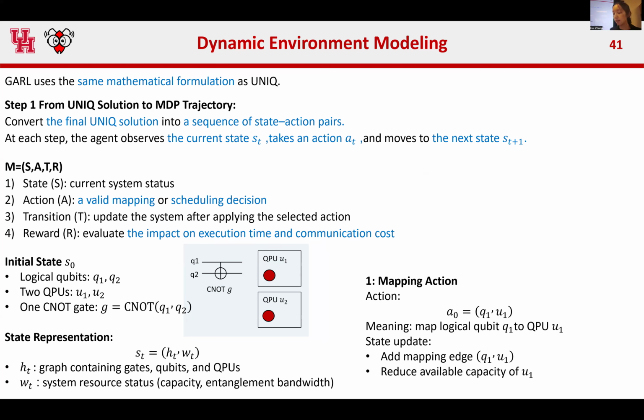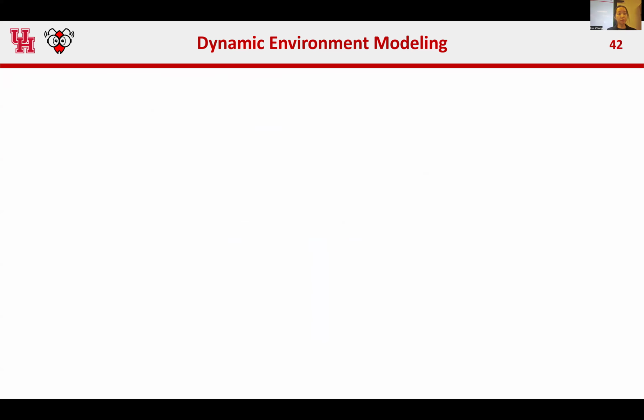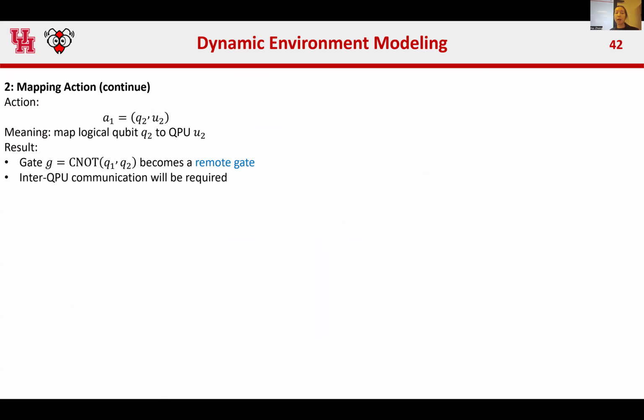Then here is the first step action. We will map the logical qubit Q1 to the QPU U1. Then the state will update: we add a mapping edge Q1-U1 and reduce the available capacity of QPU U1. Then is our action 2.